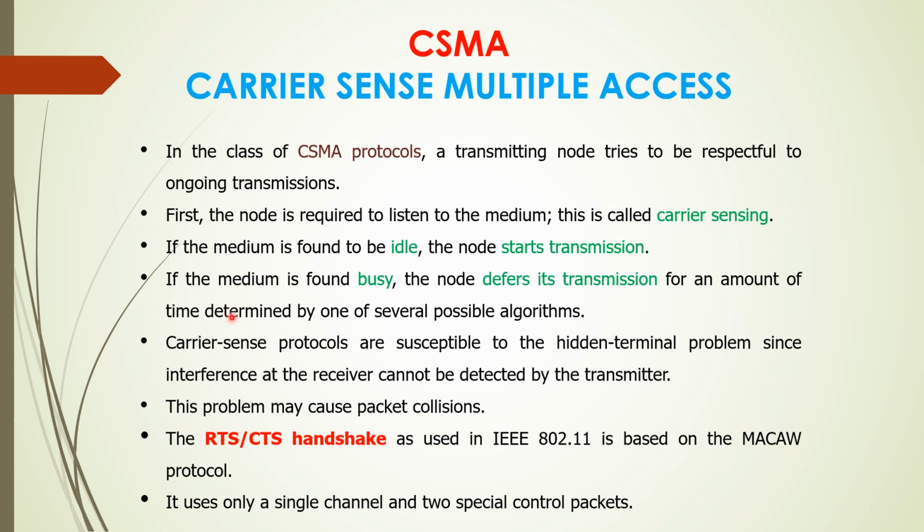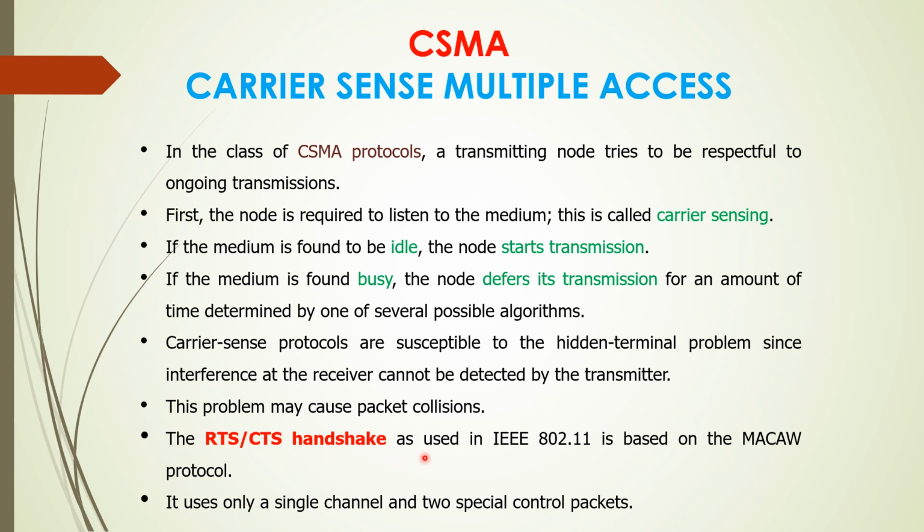This carrier sense protocol leads to a problem called the hidden terminal problem. This problem interferes at the receiver and cannot be detected by the transmitter, so it may cause packet collision. To avoid the hidden terminal problem, the solution is RTS and CTS handshaking, that is, request to send and clear to send handshaking.